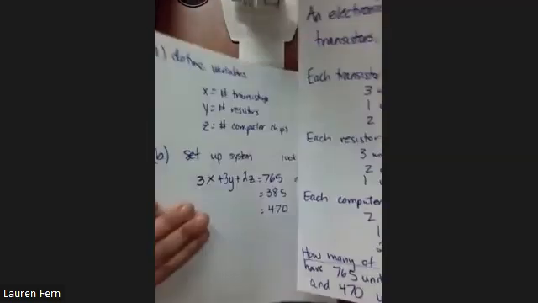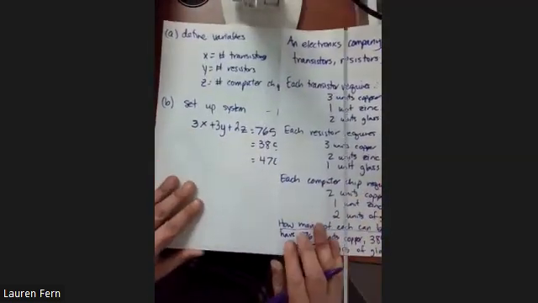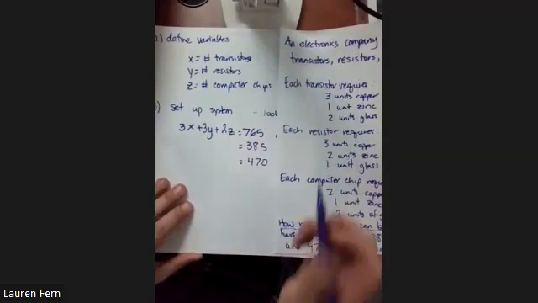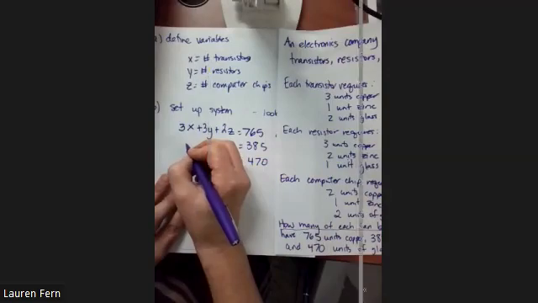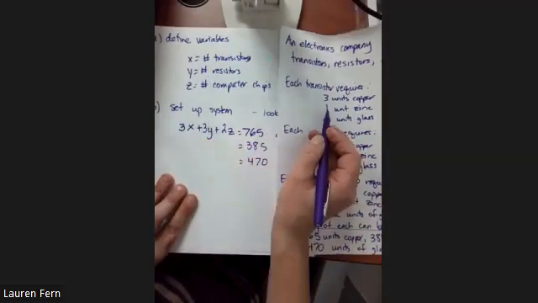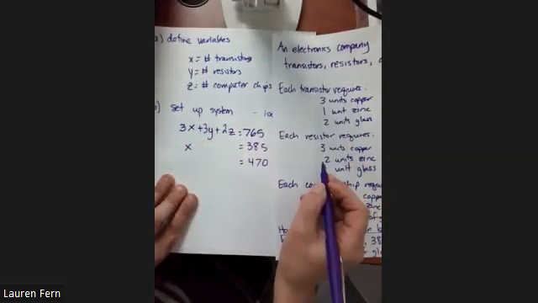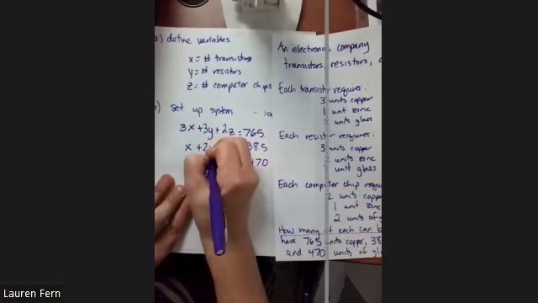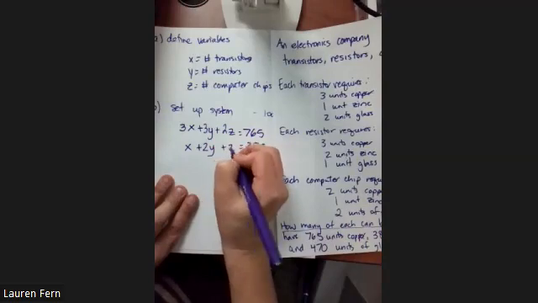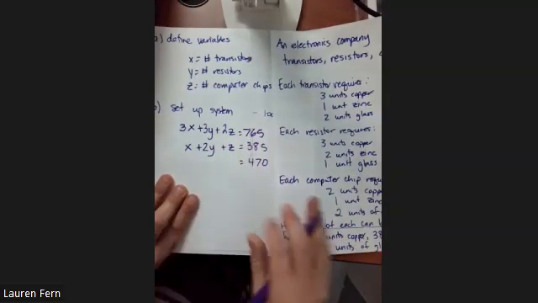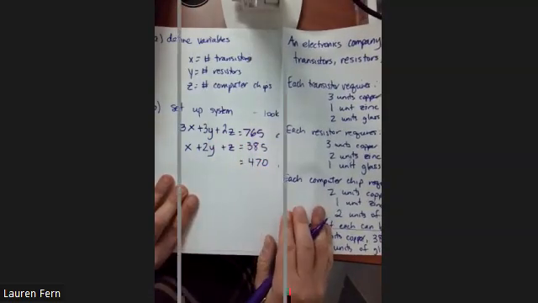Now let's talk about zinc. How much zinc does each transistor use? 1x. My resistors are plus 2y. And my computer chips are plus 1z. Do you see how I'm getting these?